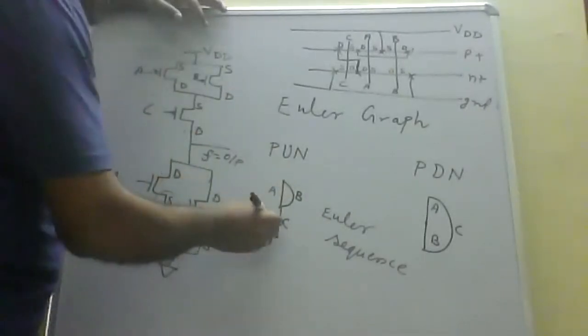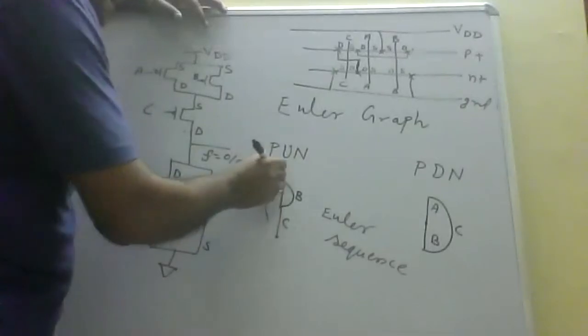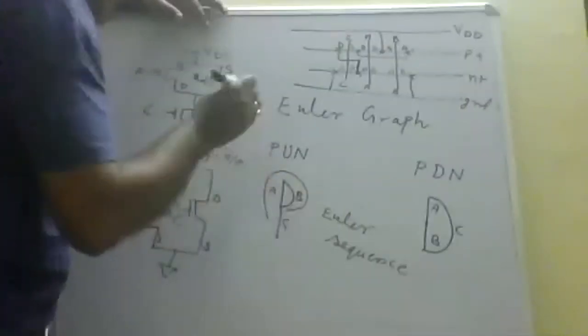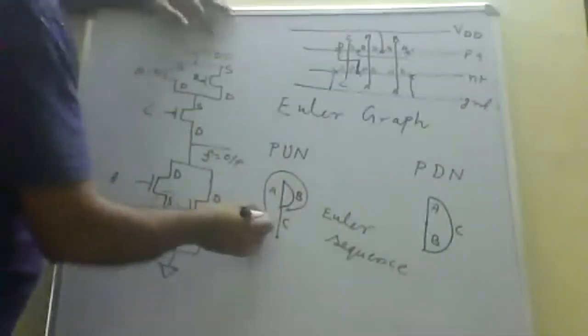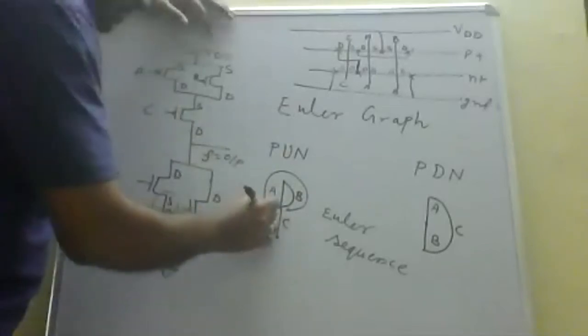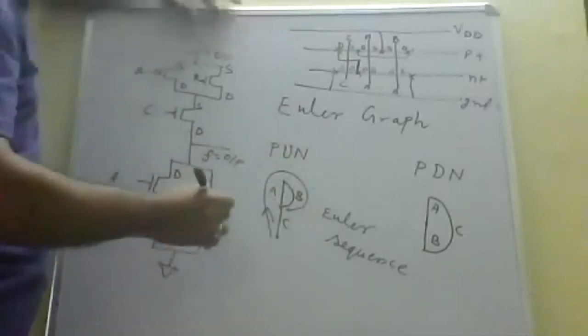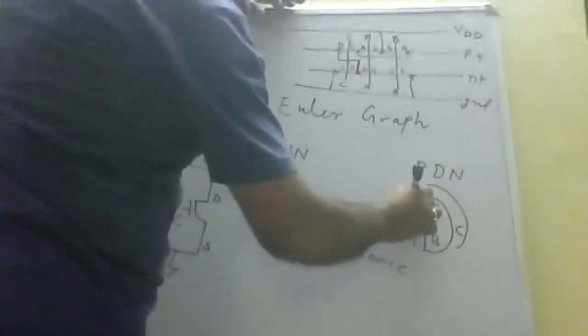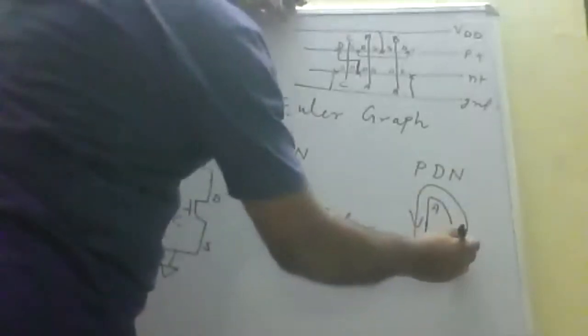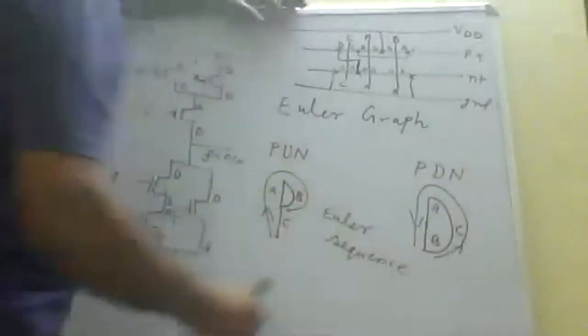That is, if I choose suppose CAB, a node can be repeated, but the branch cannot be repeated. So if I choose like this CAB, is that possible over here? So CAB is possible from here. So we start from here, CAB.